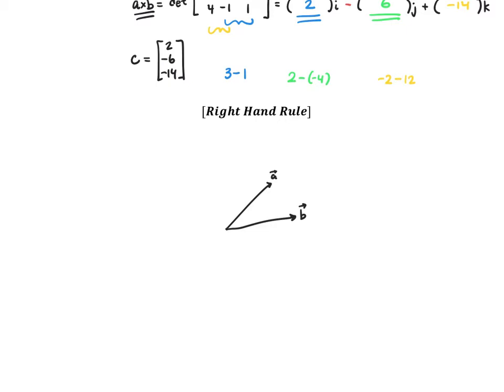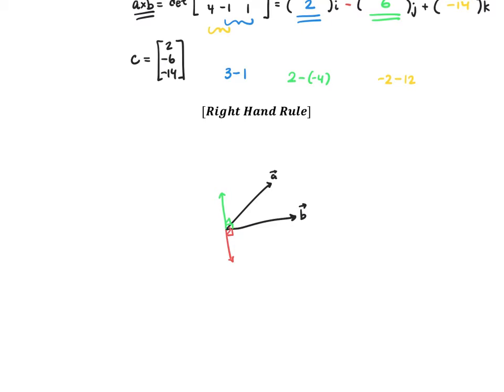Well, if I want a vector that's perpendicular to both, you can imagine I'd either have a vector that's coming out of both of those at a right angle upward, or potentially a right angle downward. Okay, so which one would it be?